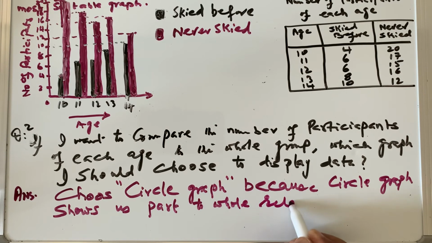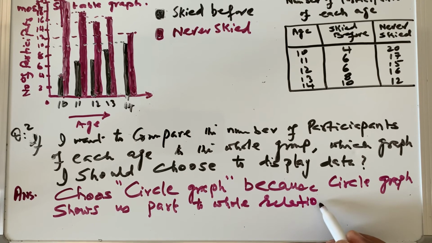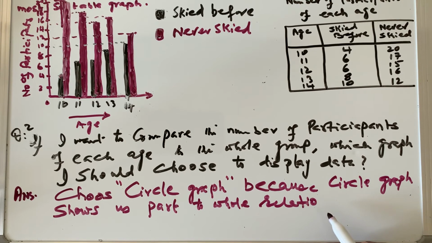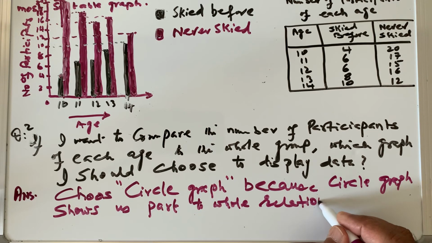So now you have knowledge of each type of graph, because certain graphs have certain efficiency to show the data clearly and correctly, and we can choose the way of displaying it accordingly, right? Choose circle graph because circle graph shows us part to whole relationship.